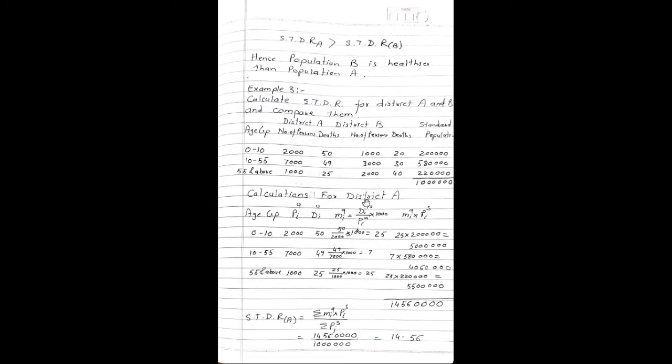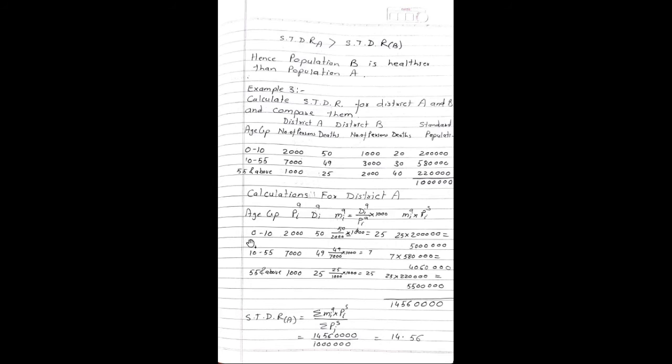So calculations for district A, we have to find mortality rate. So we will rewrite the problem statement as age group, PIA is nothing but population for district A, DIA is nothing but deaths for district A. We have to calculate MIA as DIA upon PIA into 1000.